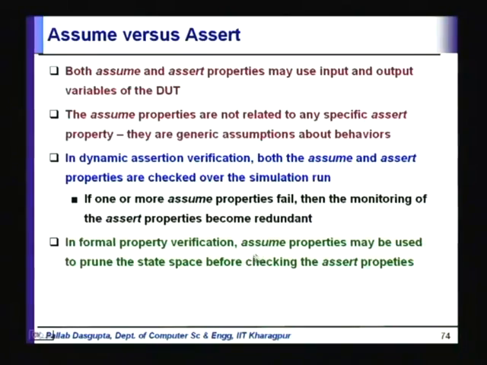So, using assumptions may not always reduce the size of the state machine, but in many cases it does, right. So, this is what assumed properties are used for in formal verification. They are used to prune the state space before checking the assert properties. We are going to look at actual examples later on when we talk about model checking to see how this is affected.